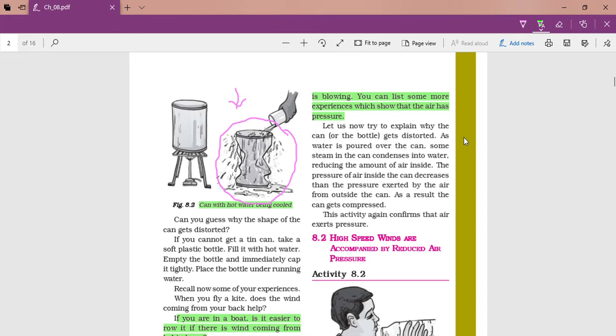Weather forecasting: the changes in air pressure give important clues for weather forecasting. The air pressure is measured by an instrument called a barometer. Similarly, we can measure wind with an instrument called an anemometer.